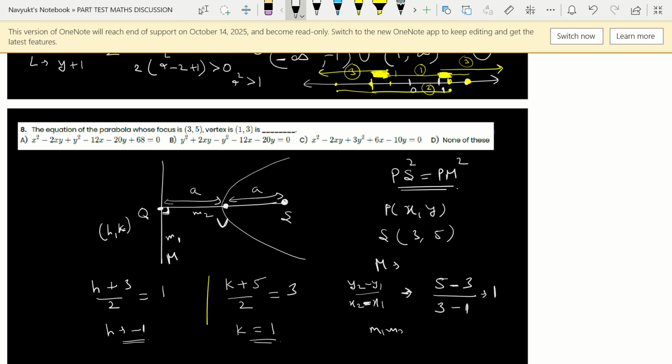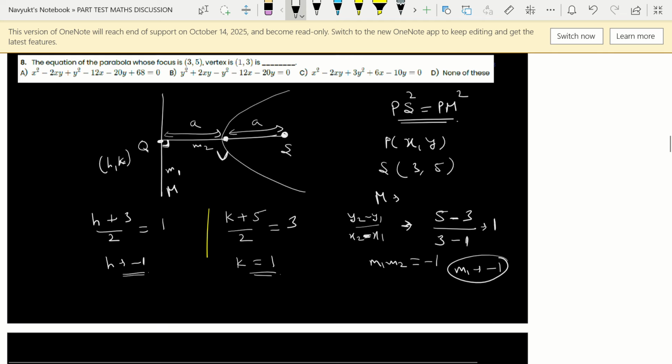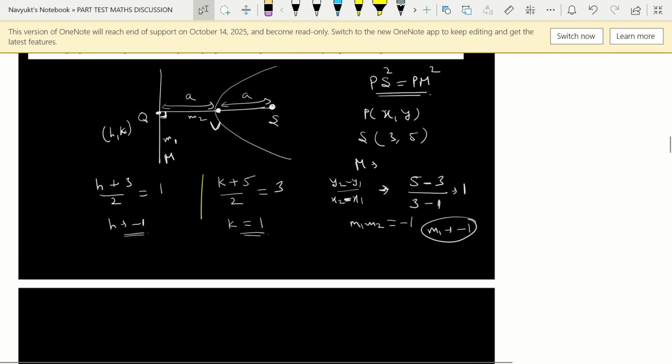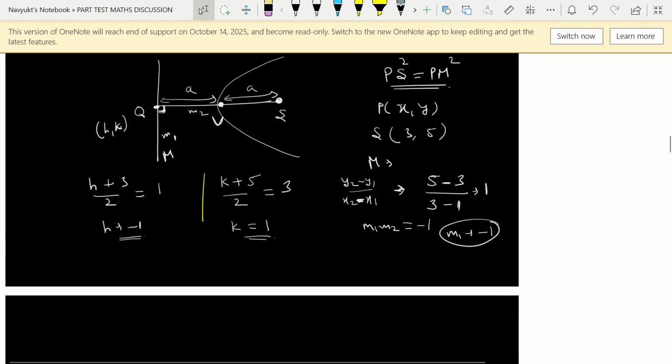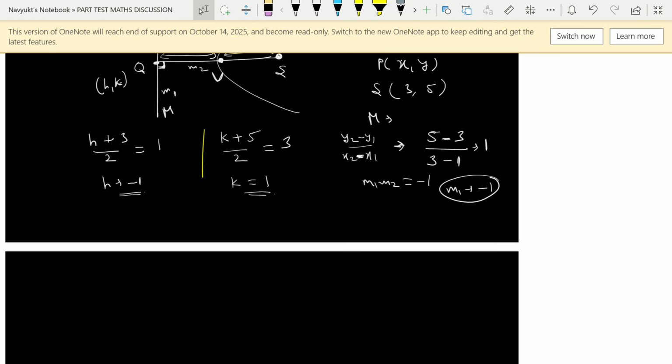So by the m1 m2 equals minus 1 relation, m1 should be minus 1. Here we have gotten the slope of the directrix as well as the Q point through which it passes, which directly gives us the equation of the directrix by using the slope point form. y minus y1. What was the Q point? Again, let's write it here.